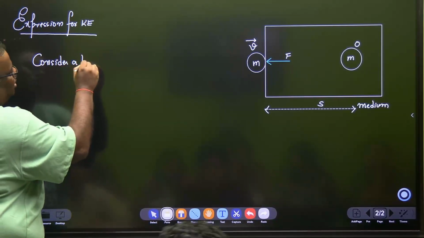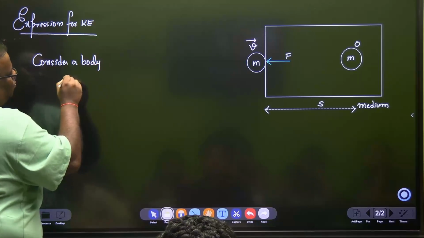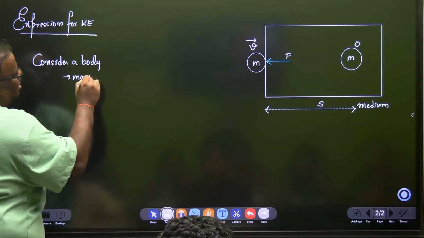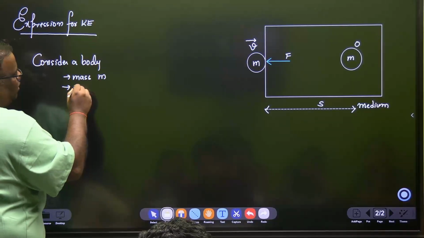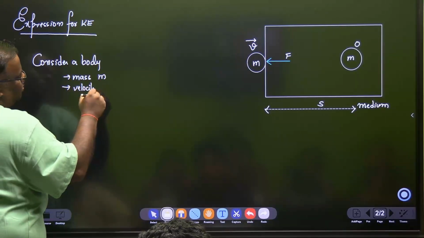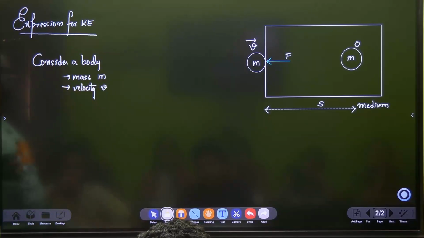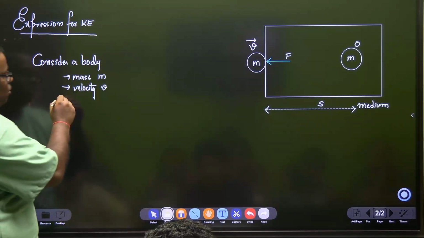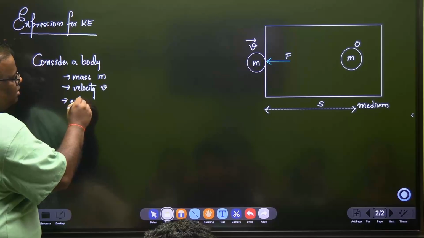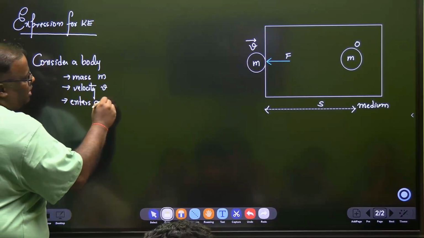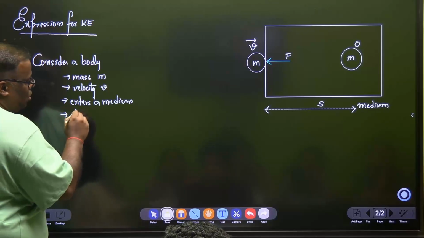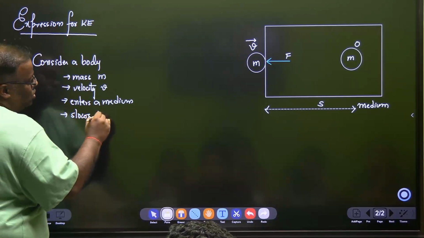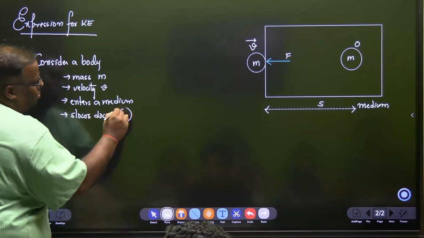a body where we have mass m, and it has a velocity, say v. There's a velocity v, and this body enters a medium, then slows down. Slows down means what, children? What should you think from here?